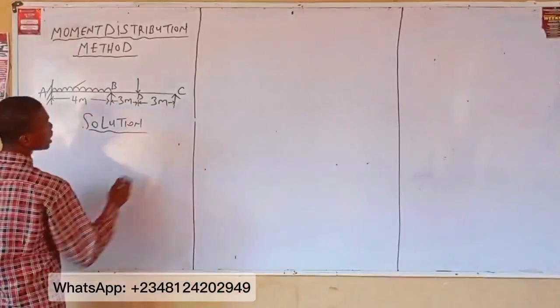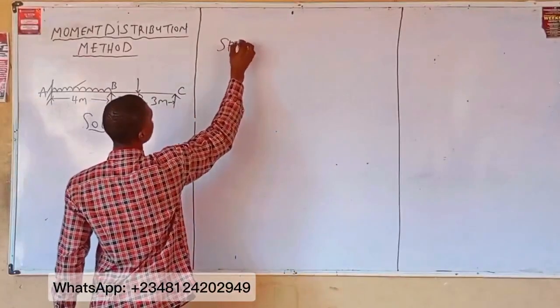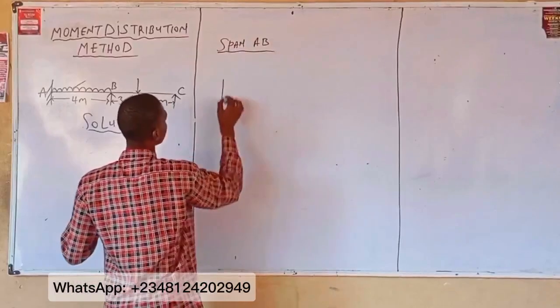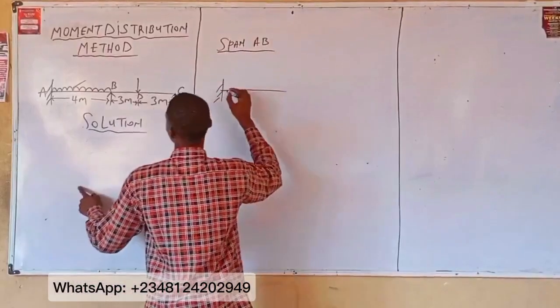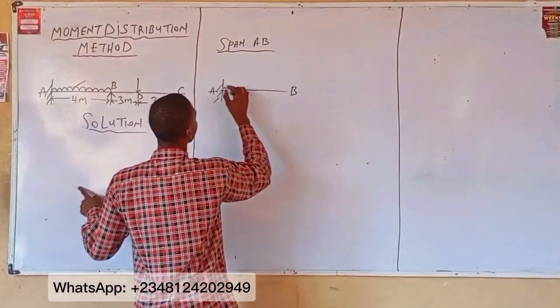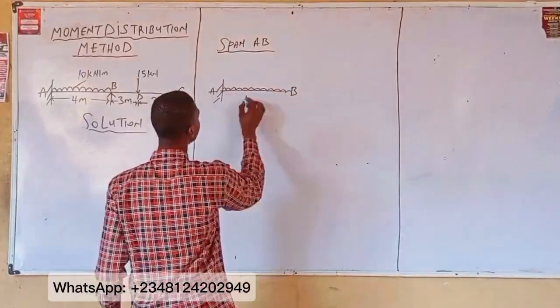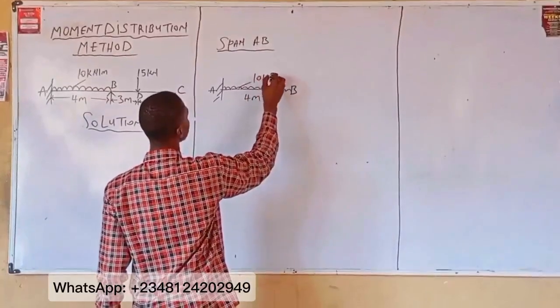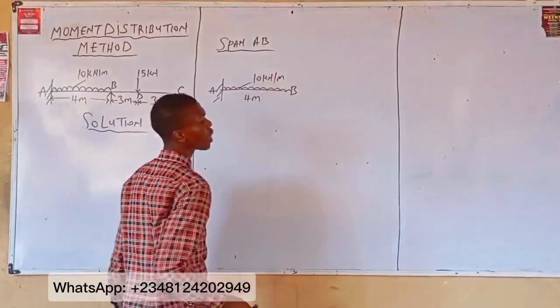Meaning, for span AB, I have this. This is A and this is B, right? I have a UDL. The length is 4 meter. The intensity of this UDL is 10 kilonewton per meter, right?